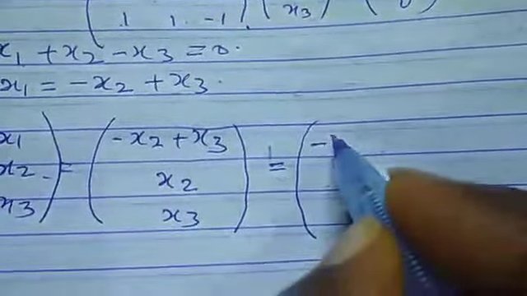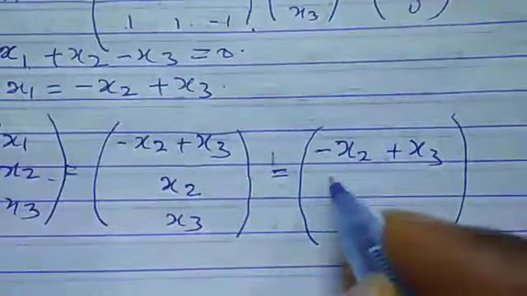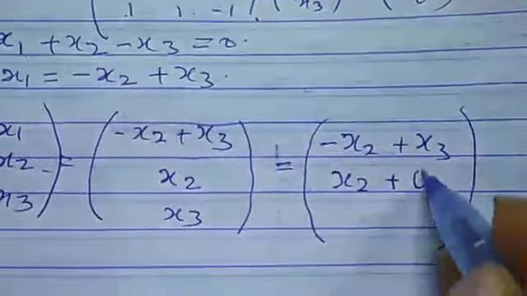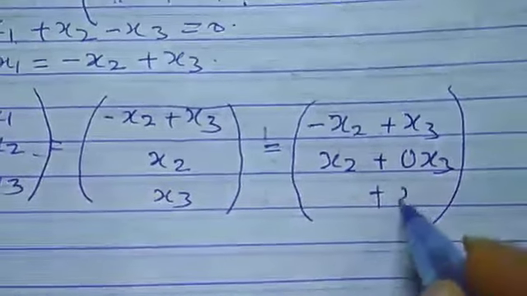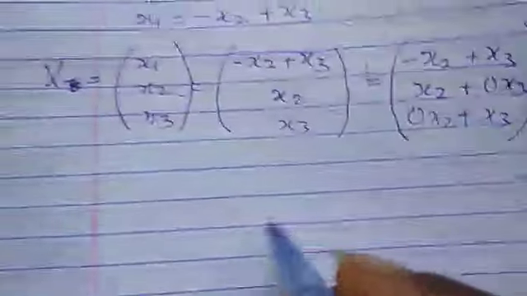The first one is minus s2 plus s3. The second one, we only have s2 there but there's no s3, so I can write it as s2 plus 0 s3. Here we have s3 but we don't have s2, so I can write it as 0 s2. So this is how we are going to write it.